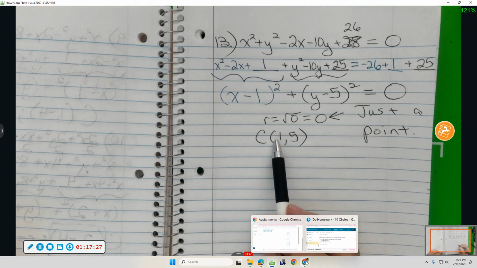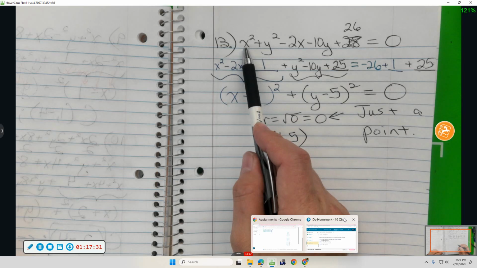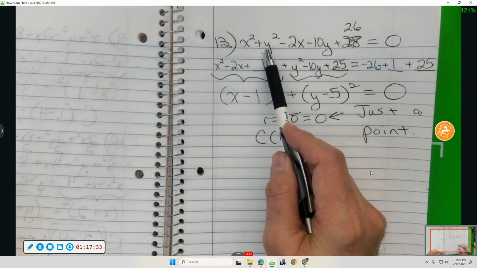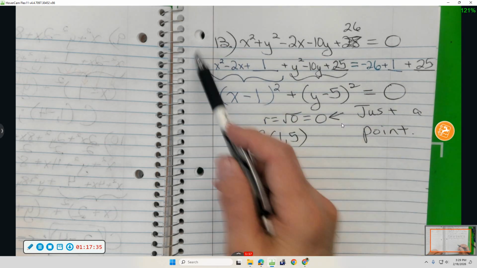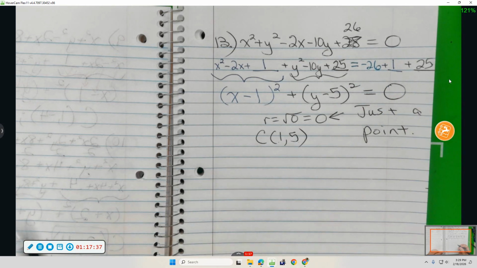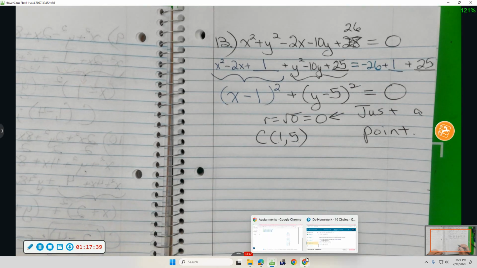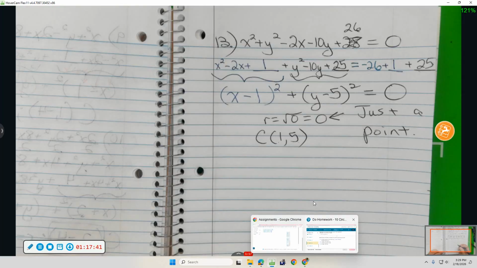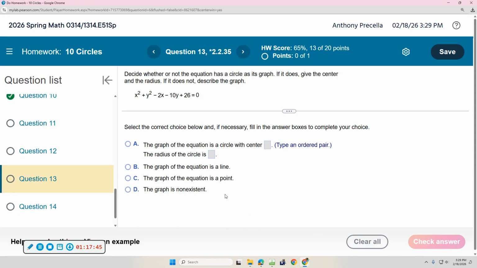But we know what the point is. It's the center point, 1, 5. If you plugged in a 1 for every x and a 5 for every y, the left side would equal the right side. And that is the only point that would ever happen for. So we say the graph is a point. See?